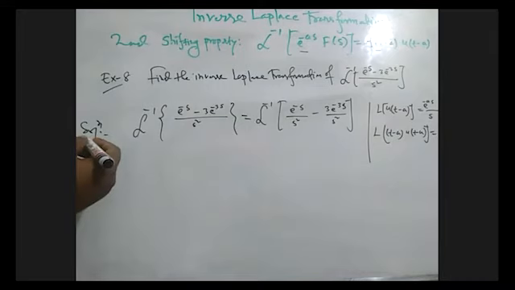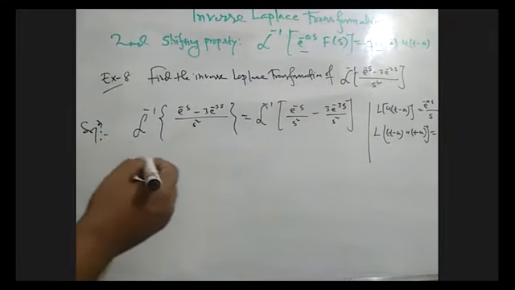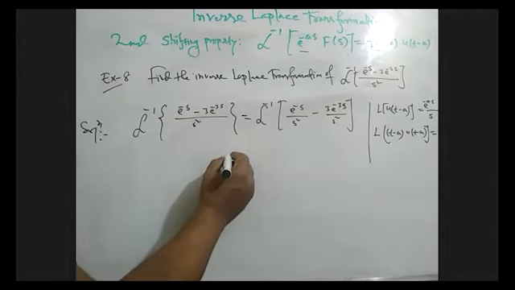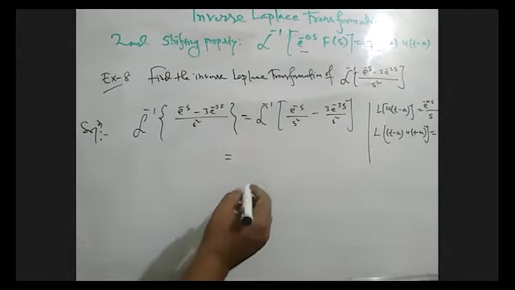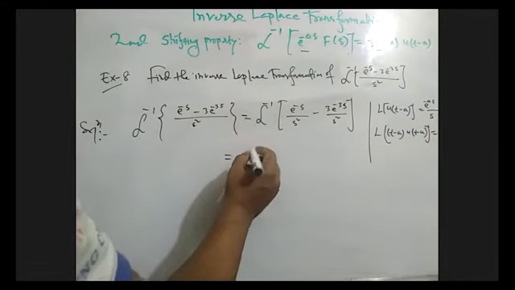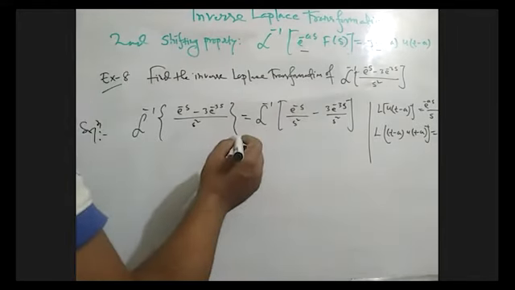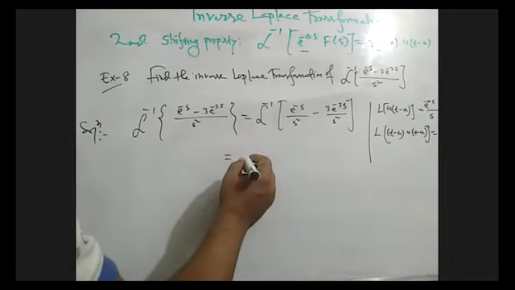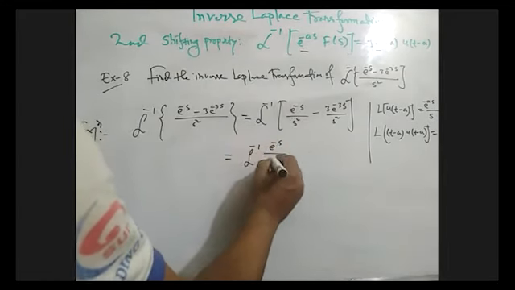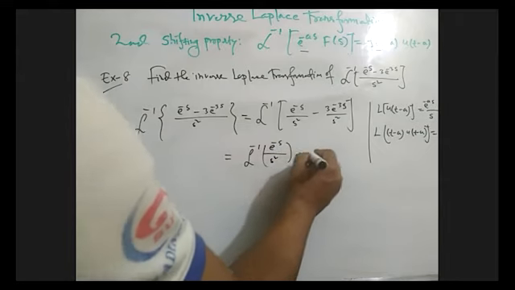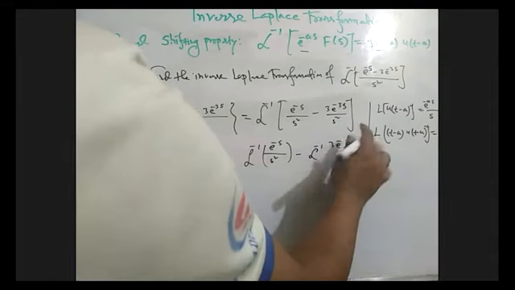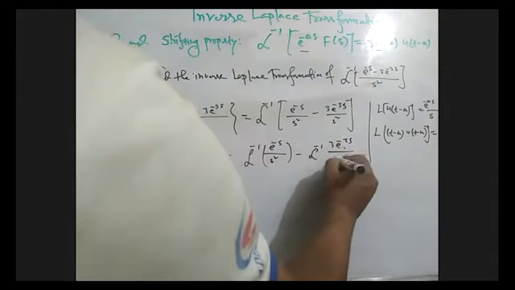So using these two shifting properties, we can write the inverse Laplace transformation of e to the power minus s divided by s square minus 3 e to the power minus thrice s divided by s square.